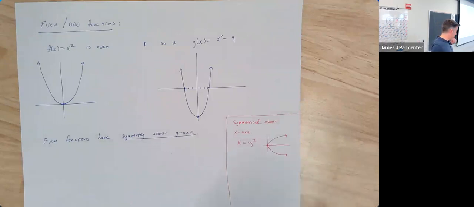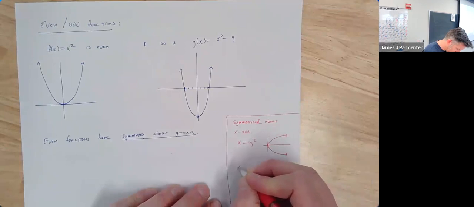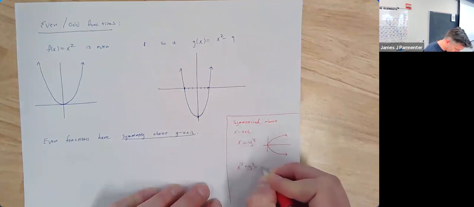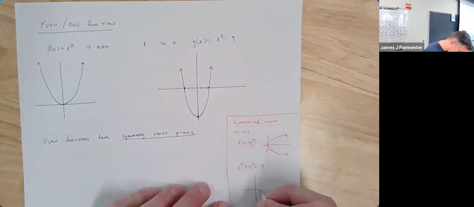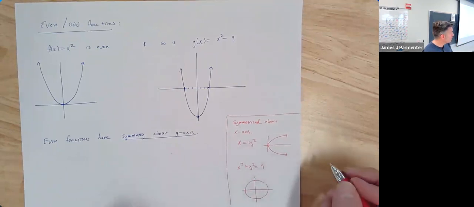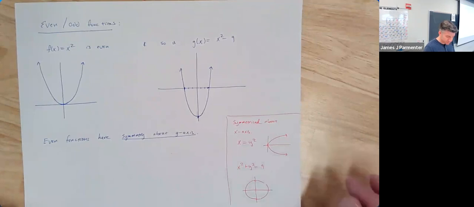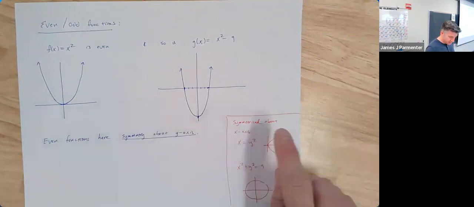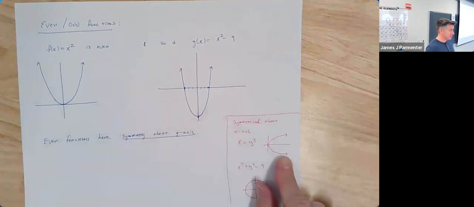It fails the vertical line test pretty hard. And the other one is a circle. If you have something like x squared plus y squared equal to 9, that also has symmetry about all the axes actually. But again, not a function. So we wouldn't say that this was even because it doesn't have symmetry about the y-axis. It has to have symmetry about the y-axis.